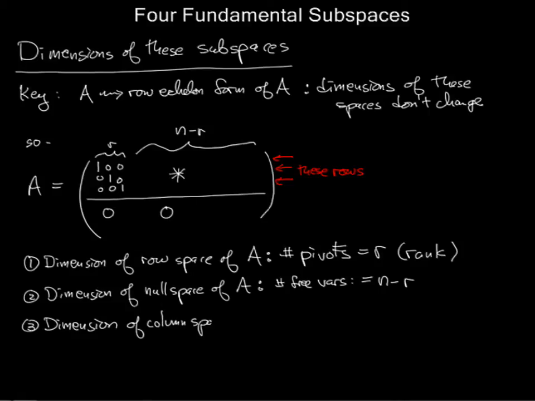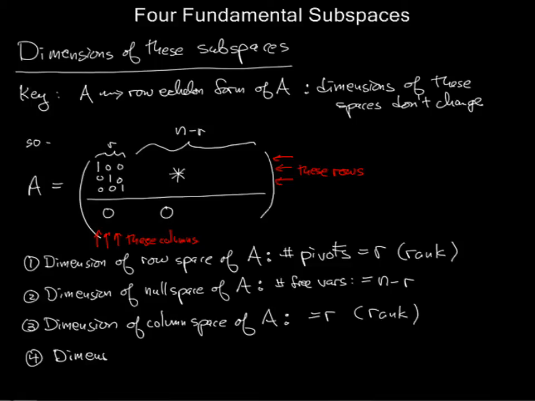Now, what about the dimension of the column space of A? Well, it's the number of pivots, and there's one column for each of these pivots right here, and there are a bunch of other non-zero columns further to the right, but those are all linearly dependent. So the dimension is again the rank.